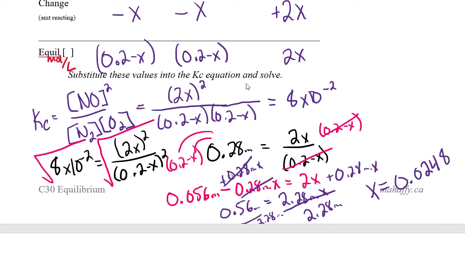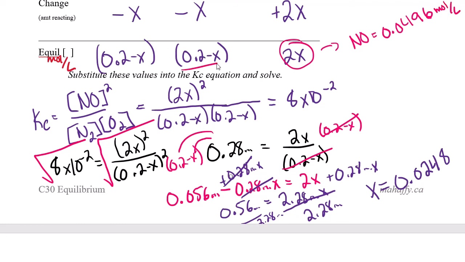Then I need to sub back in so that I can sign off on this bad boy. So here's my value of x. My product, its equilibrium concentration is 2x. So I need to double this, which will give me a nitrogen monoxide concentration of 0.0496 moles per liter.